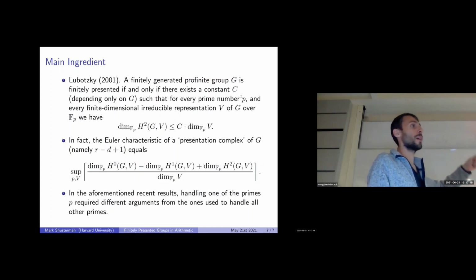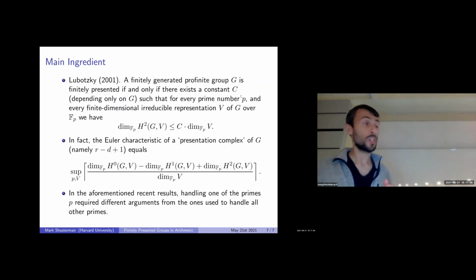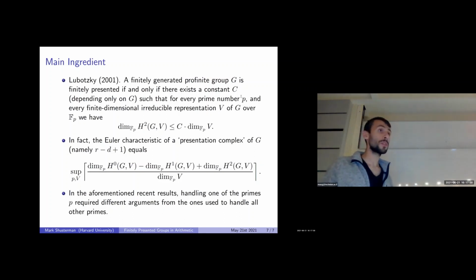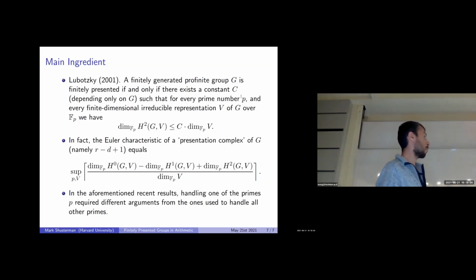So suppose you pick some extra generators and do something very complicated, still the deficiency is always going to be the same. And that's, again, something which is very special to profinite groups. For discrete groups, you can mess this up and change the deficiency by passing to some more complicated presentation. But for profinite groups, this formula is literally valid for every single presentation of the profinite group.